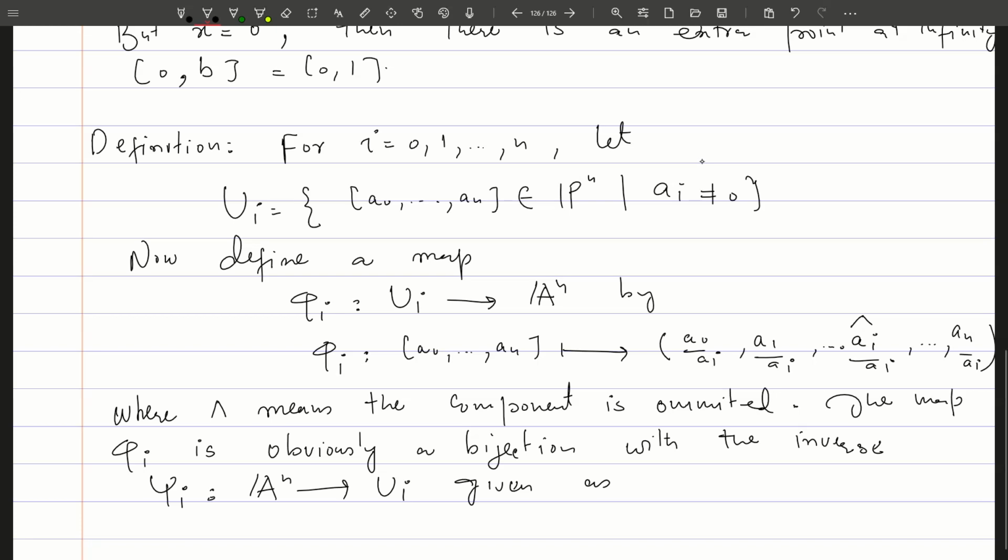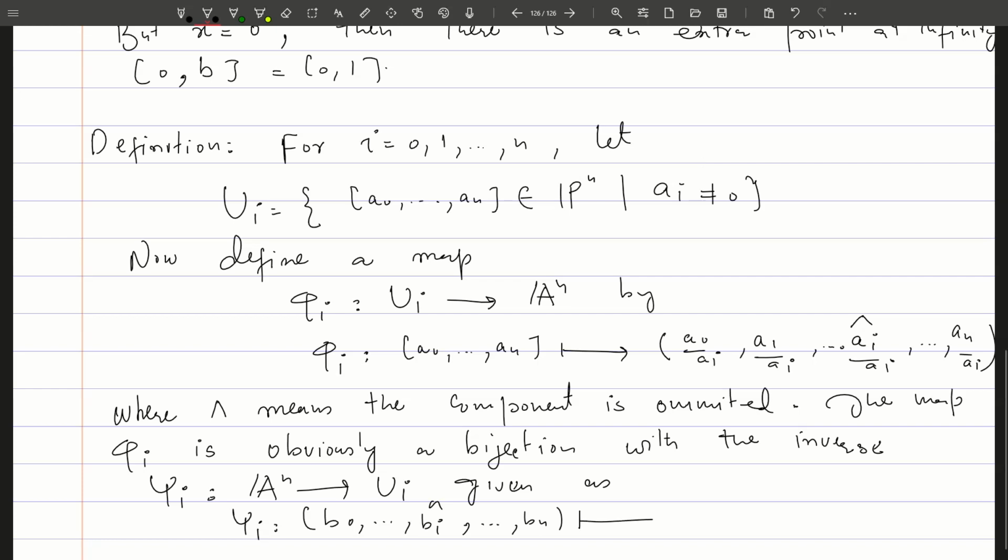This psi i takes a point in the affine n space, let us call this point b naught through b i cap, so this component is not there, through bn. So this is just an n-tuple.